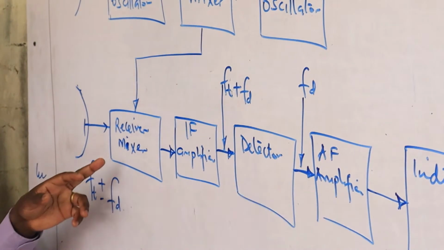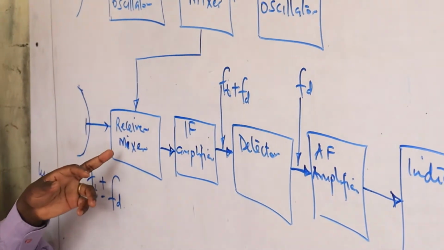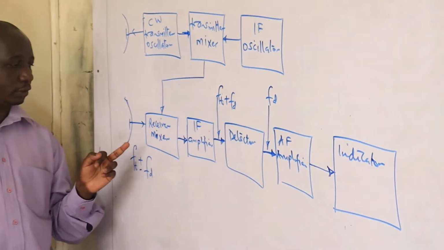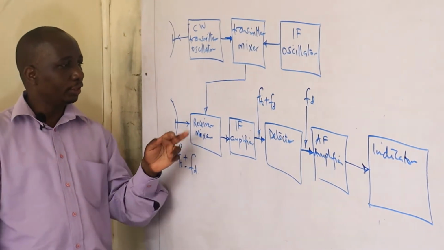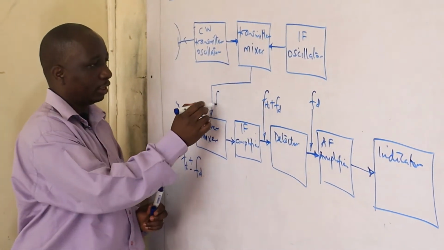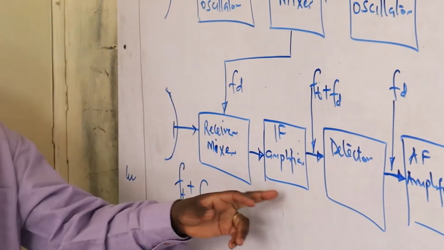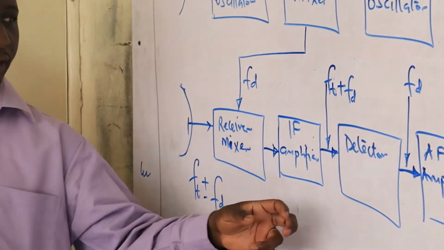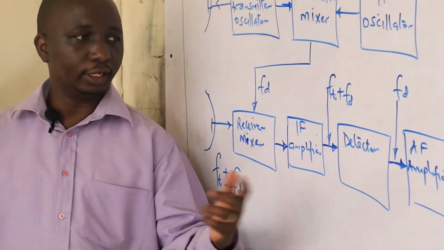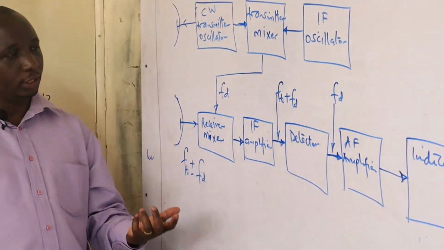So the difference between the signal received and the signal transmitted is now amplified, detected, and transmitted to the indicator.